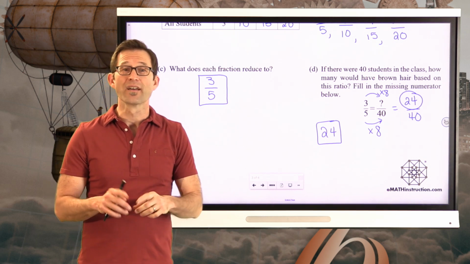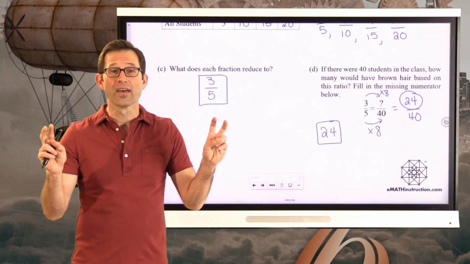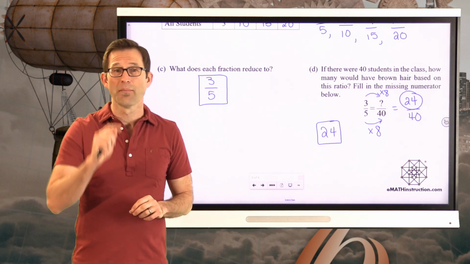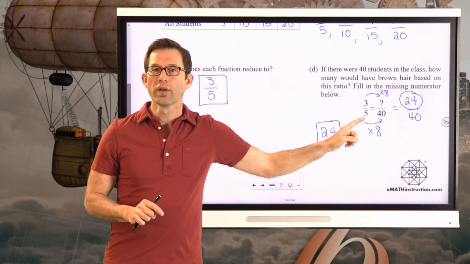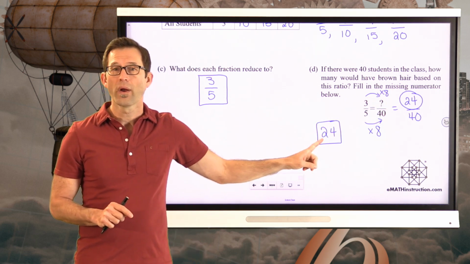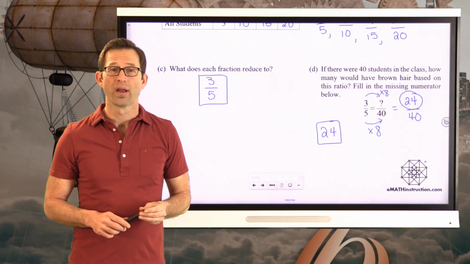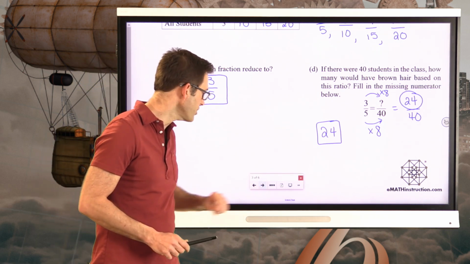And oftentimes when you get common denominators, you're taking a fraction and scaling it up, so to speak, by multiplying the top and the bottom by the same number. That's kind of what we did here. By changing 3/5 into 24/40, we're able to know that 24 of the kids must have had brown hair. Let's keep working with this idea in the next problem.